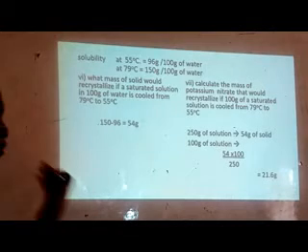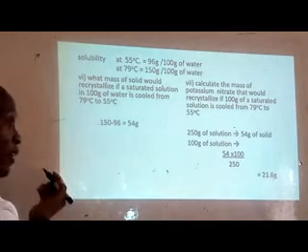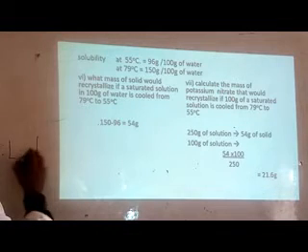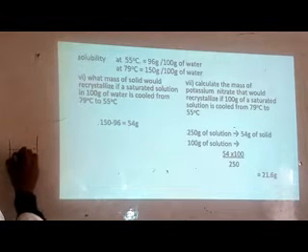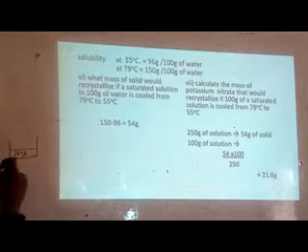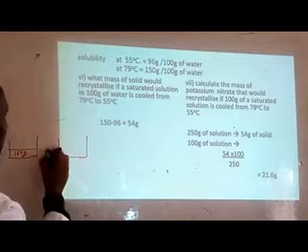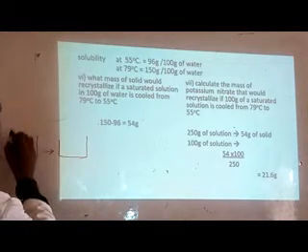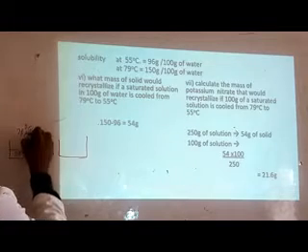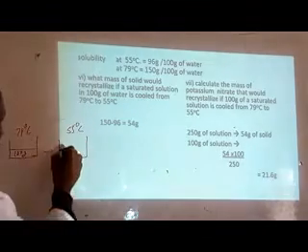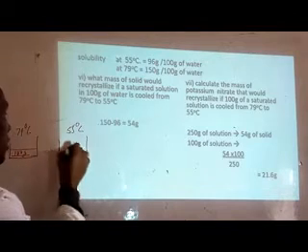The alternative way of doing that: now you realize that when I have 100 grams of the saturated solution, I cool that from 79 degrees Celsius to 55 degrees Celsius. Now, I start with 100 grams of the saturated solution.